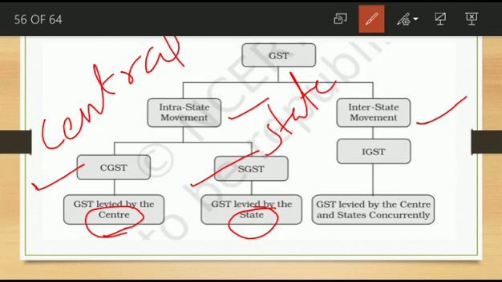Okay. So for example, one goods sold in Gujarat itself. In such cases, the tax rate is 12%.